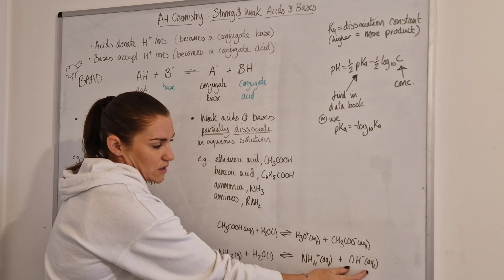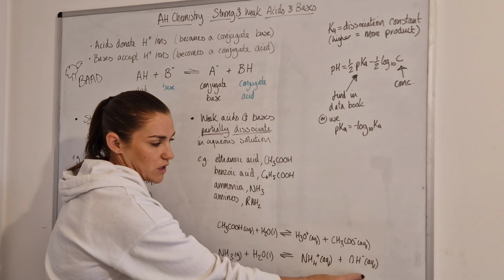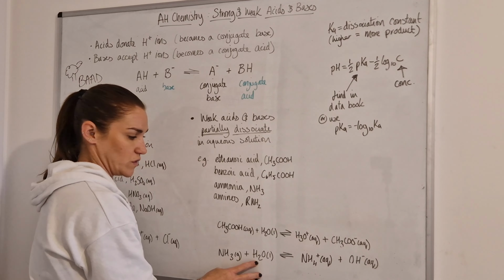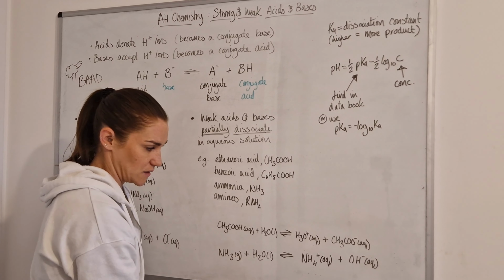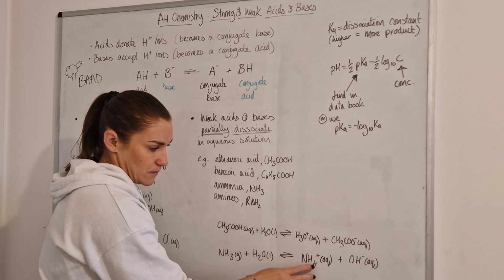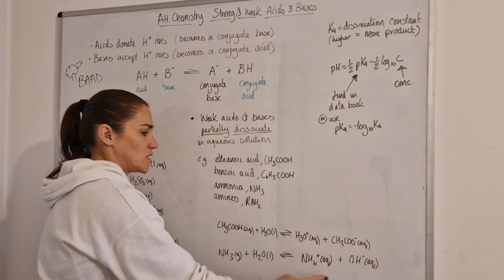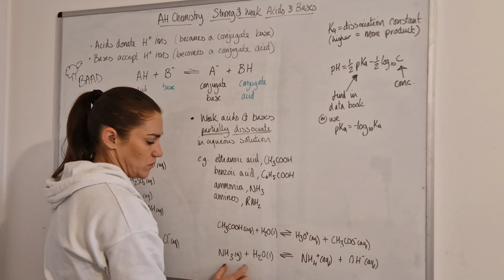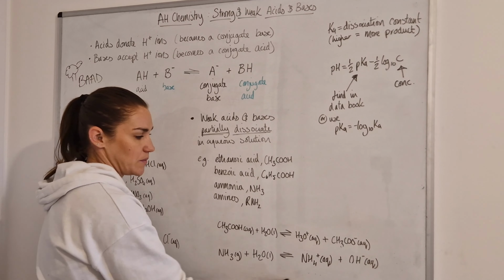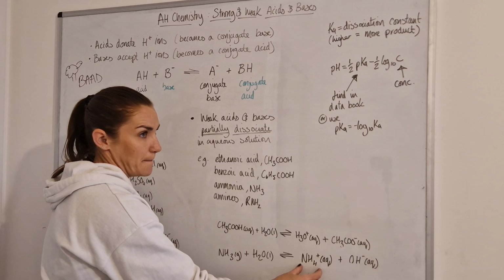That's how you end up with alkaline solutions, because it's creating an excess of hydroxide ions as it removes a hydrogen ion from the water molecule instead. So that's ammonium, that's ammonia, and this is the equilibrium that exists between them. Some of the ammonia molecules will stay as ammonia, some of them will have picked up a hydrogen ion from the water and become ammonium.